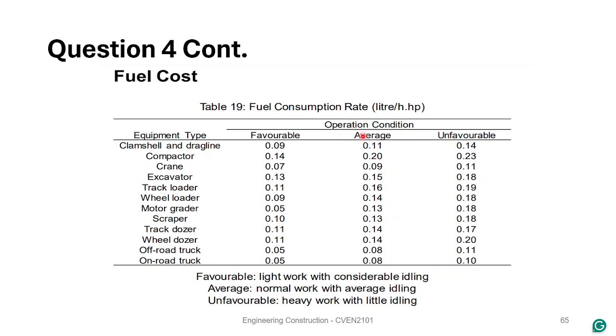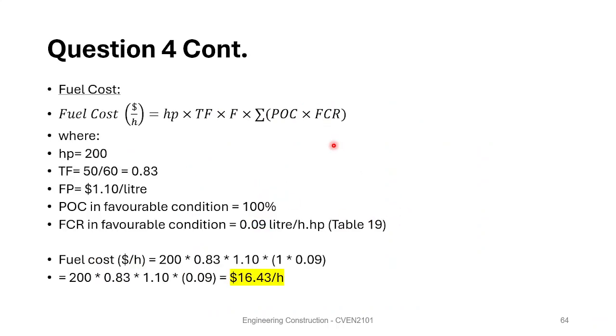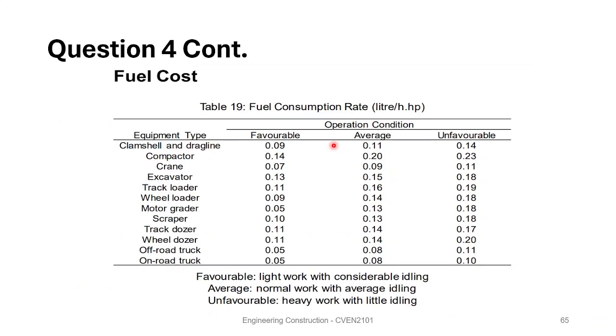So we just need to match it. For example, if we have 50% favorable and 50% average, and we have an excavator, our fuel consumption rate will be 50% multiplied by 0.13 and 50% multiplied by 0.15. And that gives you a weighted average of the fuel consumption rate.